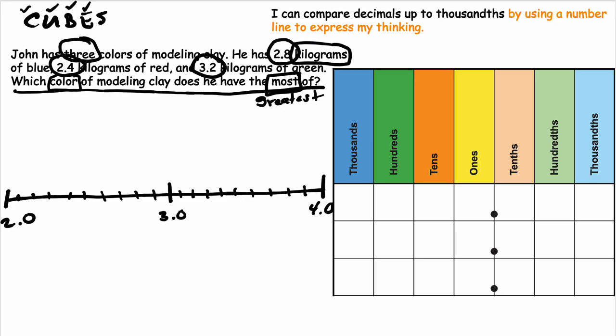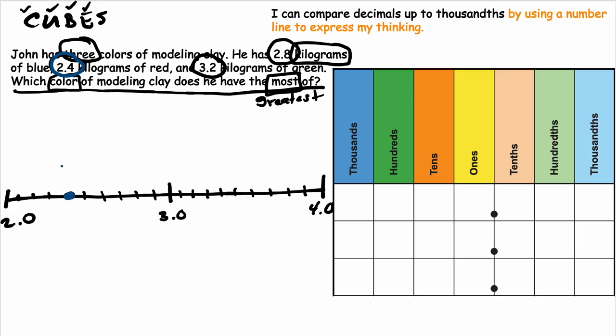So let's look at 2 8/10 kilograms. That's going to be blue, so I'm going to circle this in blue so I can identify that better. 2 4/10. So this is 2 1/10, 2 2/10, 2 3/10, 2 4/10.